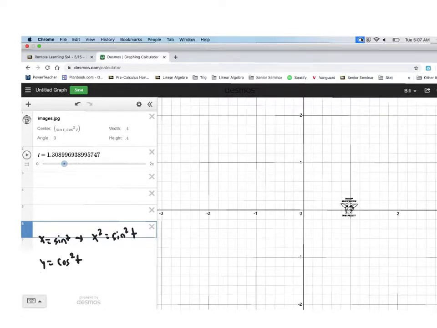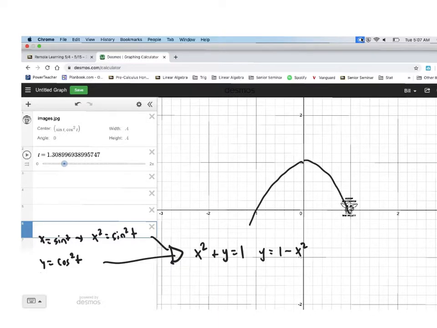What I can conclude from these 2 bits of information is that x squared plus y is equal to 1, which means y is equal to 1 minus x squared. So what he was doing there was just hopping along a little part of a parabola that was opening downward with a vertex up there at 1.